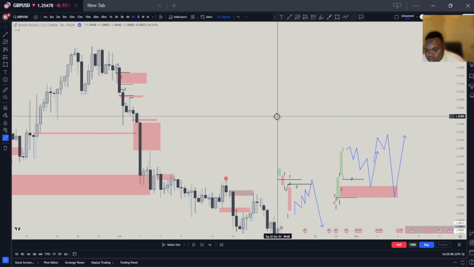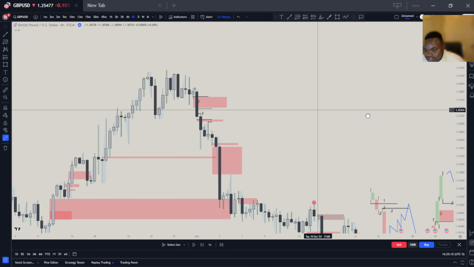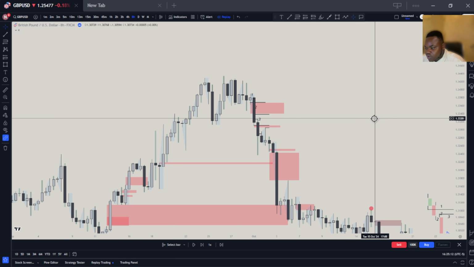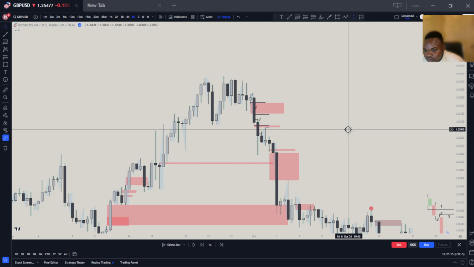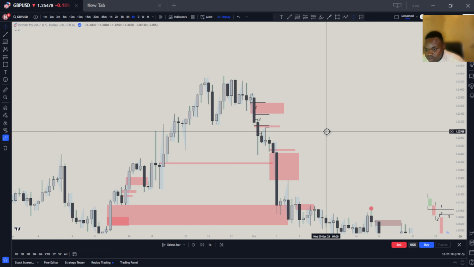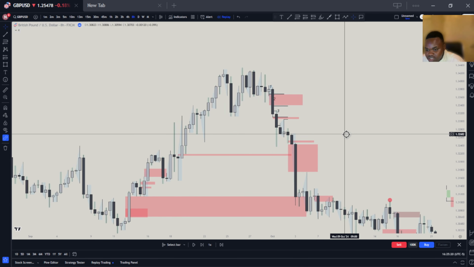Now before we start identifying order blocks, we need to know the 4 key features of an order block. That's the 4 key things that make an order block valid. We need to know them.